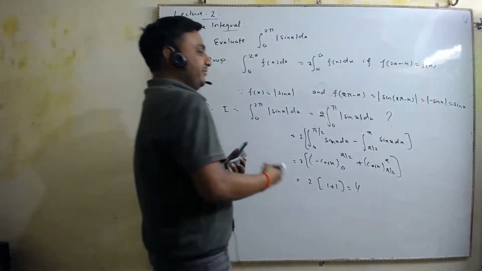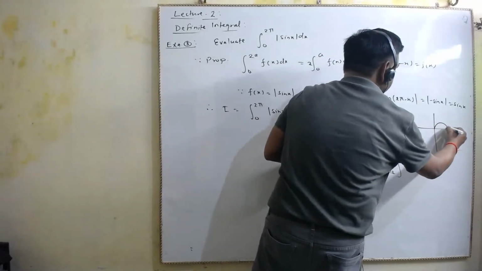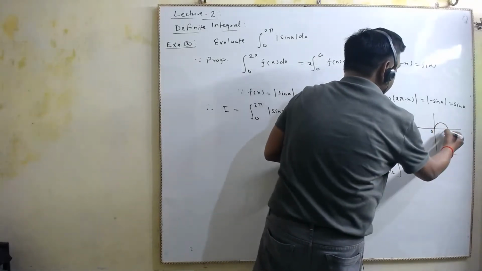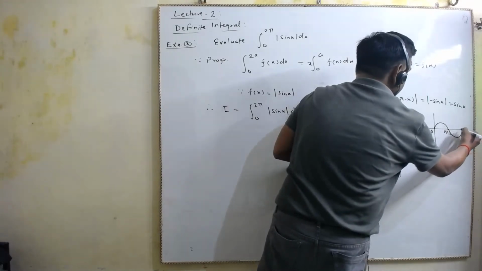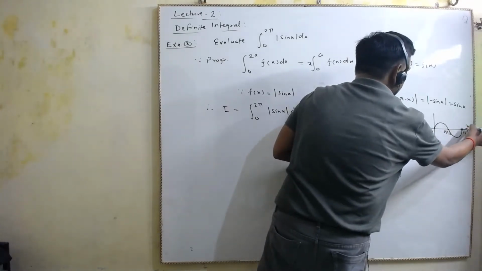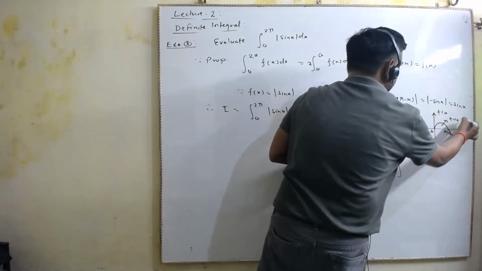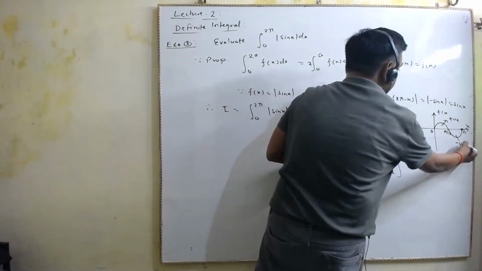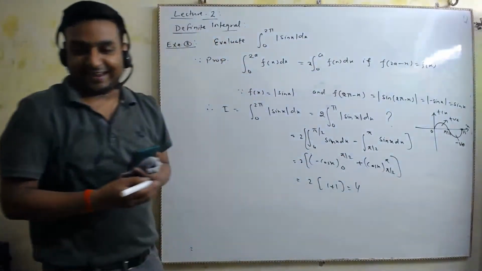Sine will be a negative function in the fourth quadrant, right? So this is the negative sign attached here, right?